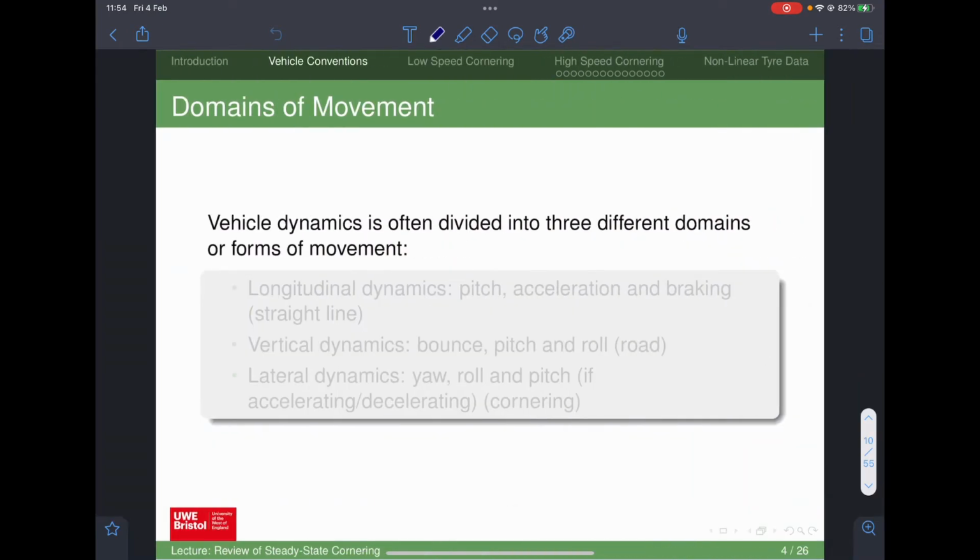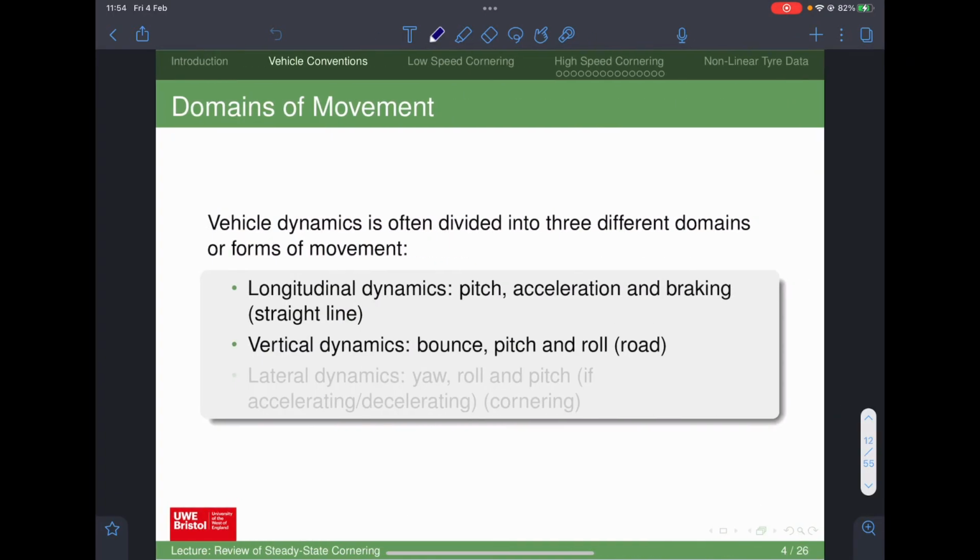As I said, there are 3 domains of motion: longitudinal, vertical, and lateral. In the longitudinal domain, you've got pitch, and also acceleration and braking in straight lines. Vertical dynamics are bounce, pitch, and roll. These will change and impact each other, because pitch obviously has a vertical component, as does roll, and bounce is just up and down.